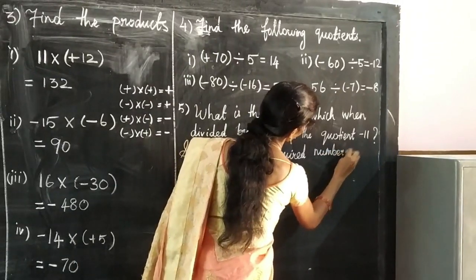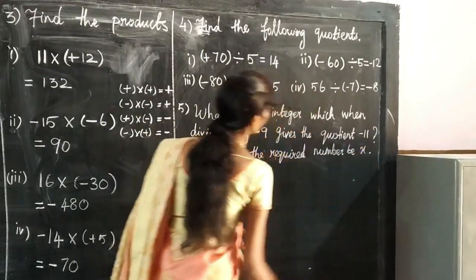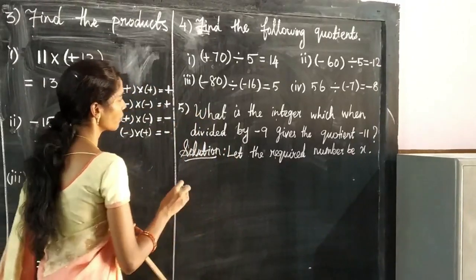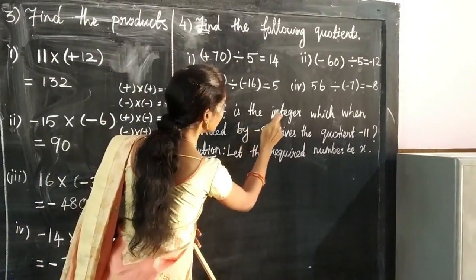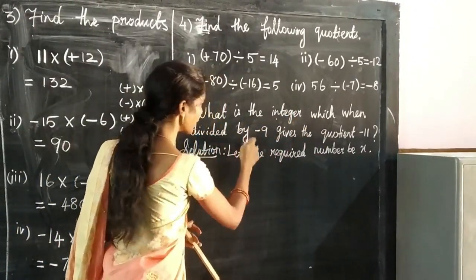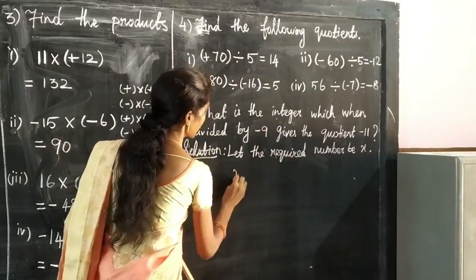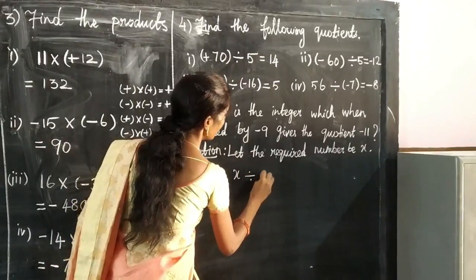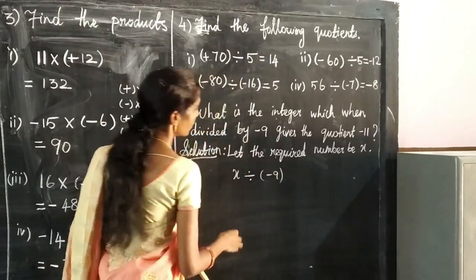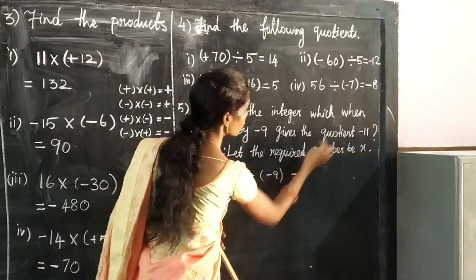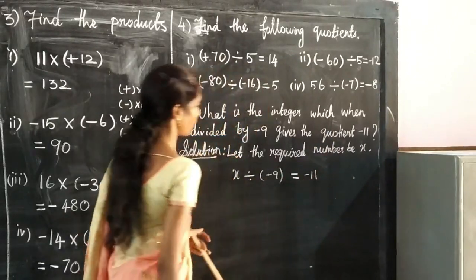So as per the question, how can we form the equation? That integer is x, and x is divided by minus 9 to give the quotient minus 11.